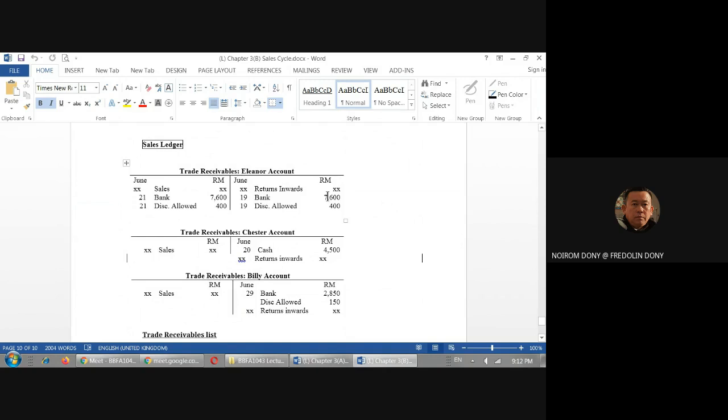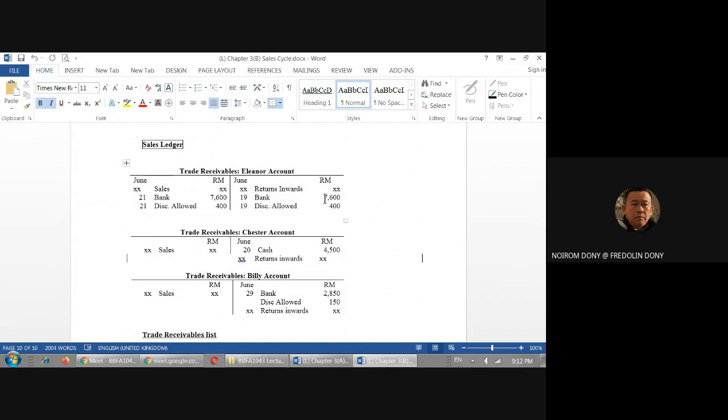Now, after that, we have been informed by the bank. So the credit that you have made here should be reversed. Remember, whenever we have dishonored, take note of the word reverse. That is giving us the hint that we have to make the opposite entry.